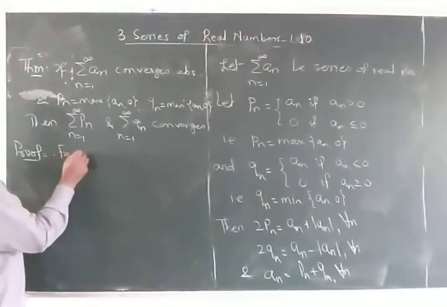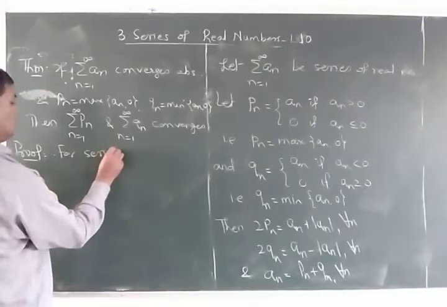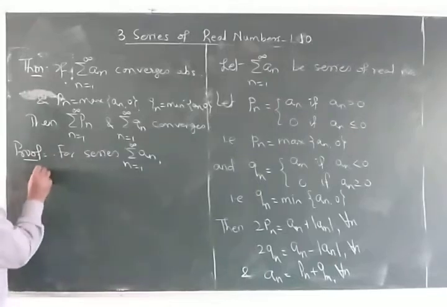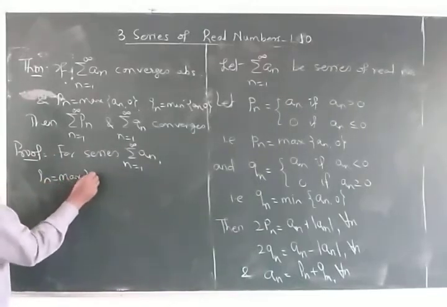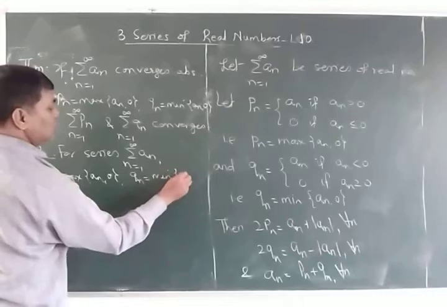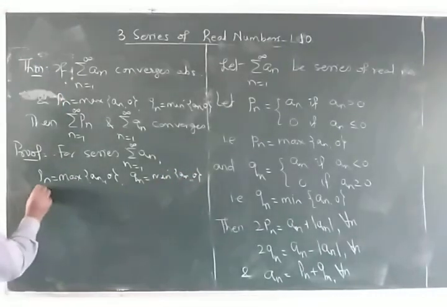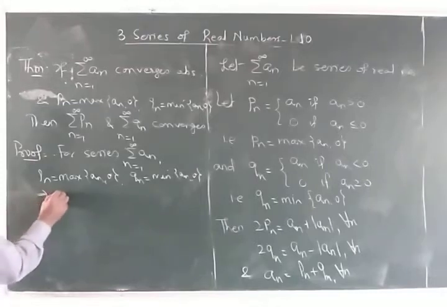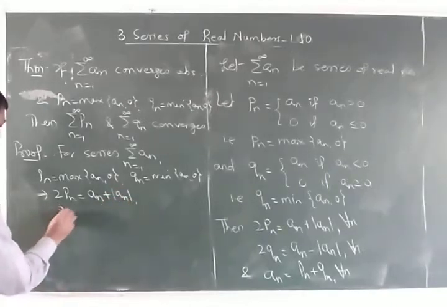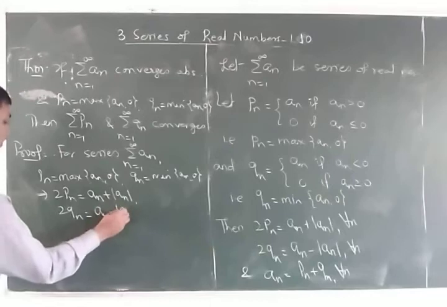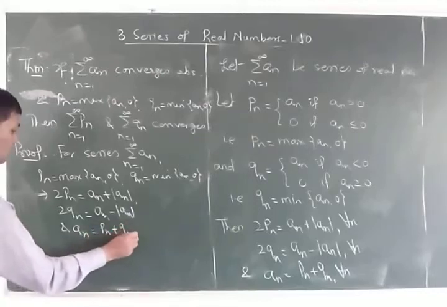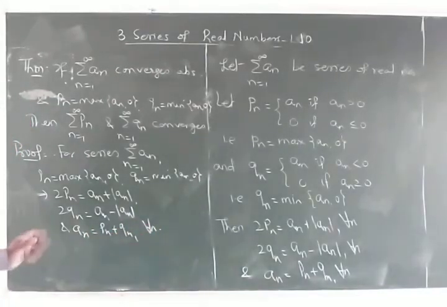So for the series summation of a_n, n equal to 1 to infinity, P_n is equal to maximum of a_n, 0, and Q_n is equal to minimum of a_n, 0, which implies 2P_n is equal to a_n plus mod a_n, 2Q_n is equal to a_n minus mod a_n, and a_n is equal to P_n plus Q_n for all n.